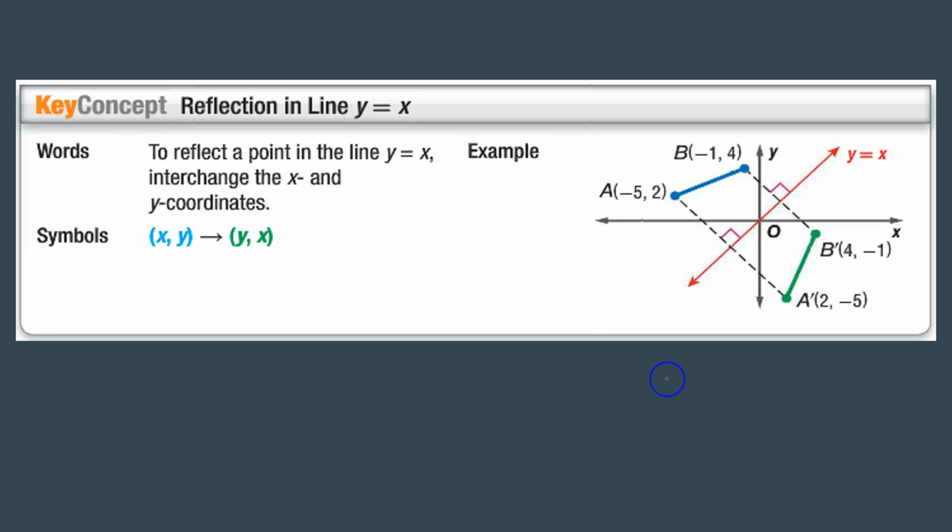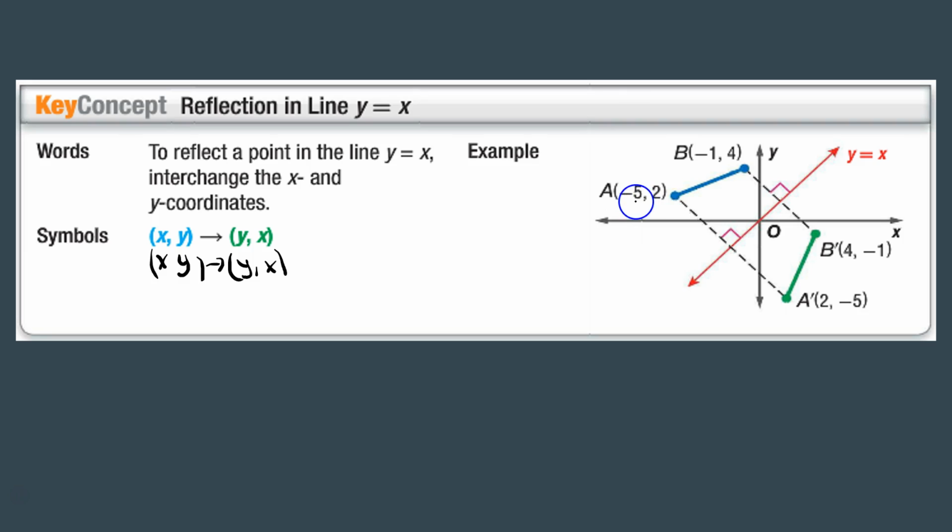And let's say now we have a reflection on the line y is equal to x. So all you need to do for this one is go from x, y and it switches to y, x. And that's all you have to do. You don't have to multiply anything, you simply switch the order.